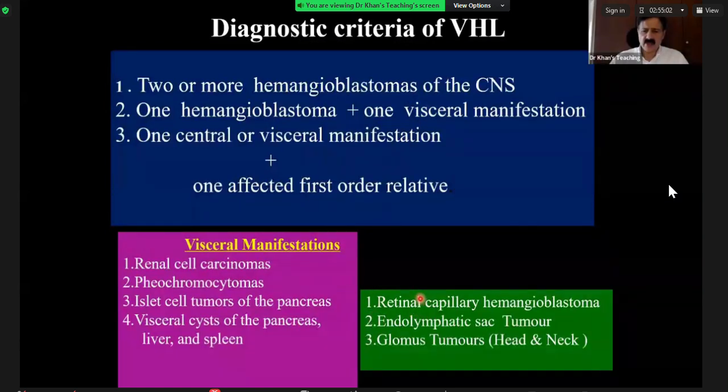Retinal capillary hemangioblastomas. All of these things are in the head and neck territory. So in the orbit, retinal capillary hemangioblastomas, then temporal bone endolymphatic sac tumors, and there can be glomus tumors in head and neck. Some of these things we'll cover in our head and neck session.